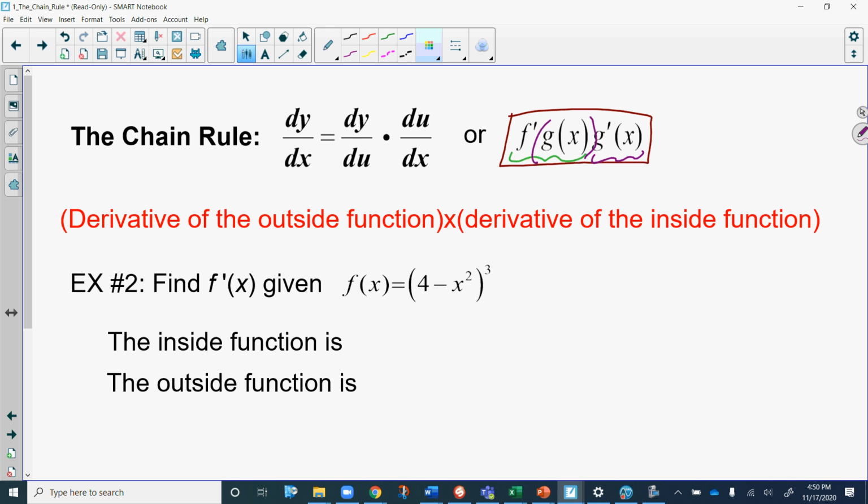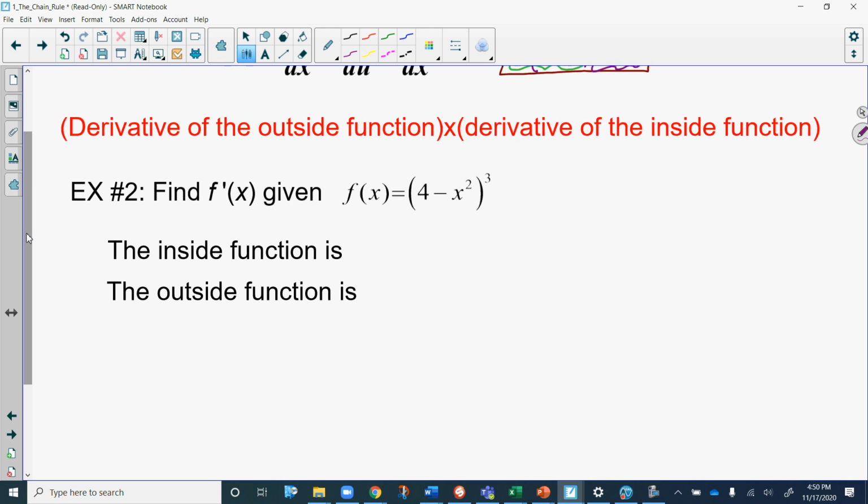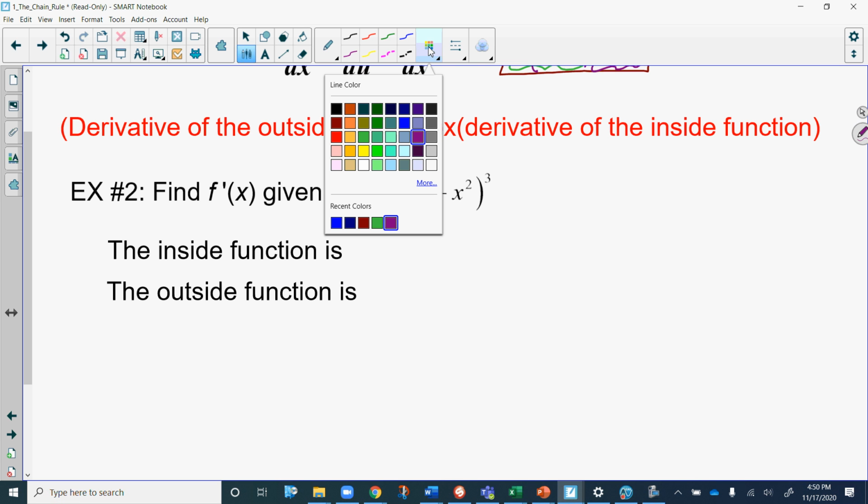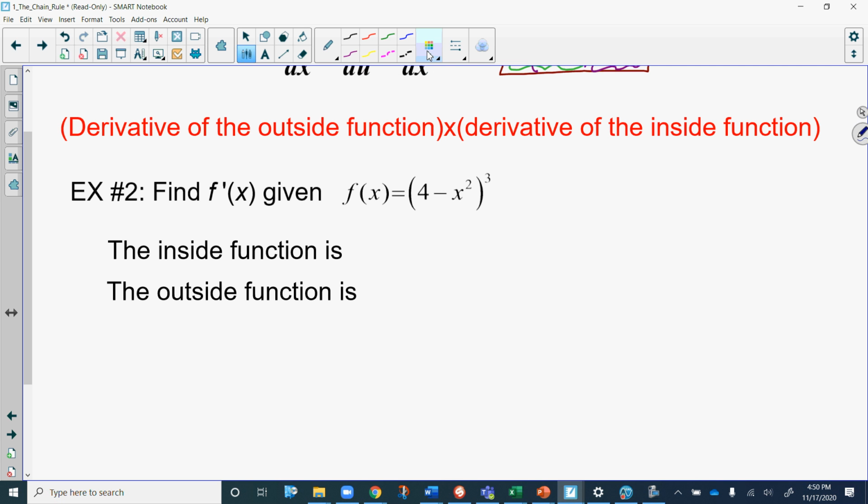Now here, this would be a good introduction to what we would think of as U substitution. Okay, using Leibniz notation, we can look at this bit here and think of that as U. Okay, and I'm going to come back to that in a minute. But let's just identify what is the inside function. Well, the inside function is what I just called U there. That is the 4 minus x squared.